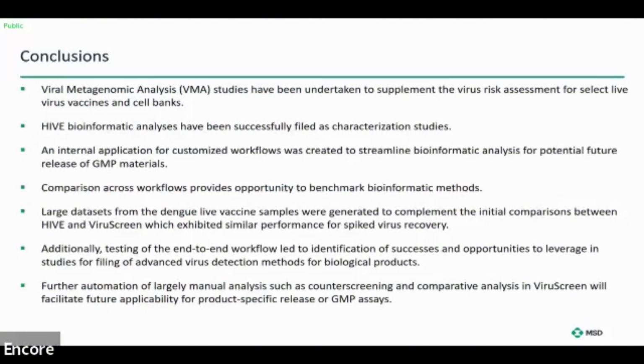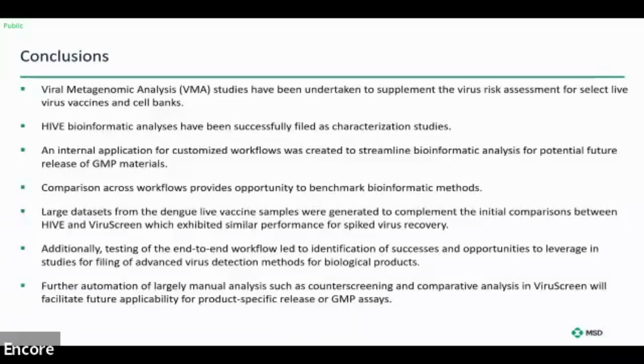I'll just conclude here and say that we are undertaking these studies to supplement the risk assessment for live virus vaccines. They can't undergo viral clearance, so it's a little bit challenging. But we've been using Hive bioinformatics for characterization studies filing, and now we have an internal application that we've streamlined this bioinformatic analysis for potential future release GMP materials.